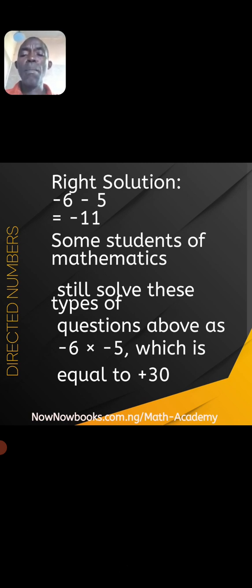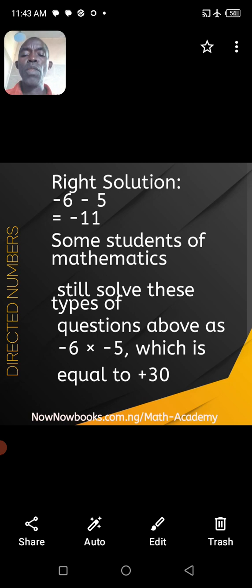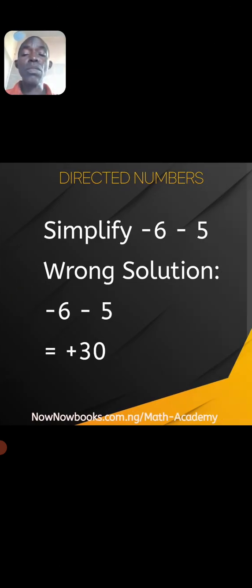It equals minus 11. Now, some students of mathematics still solve this type of question as minus 6 times minus 5, which equals plus 30. That's what we have under the wrong solution.